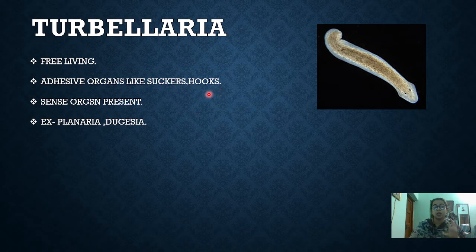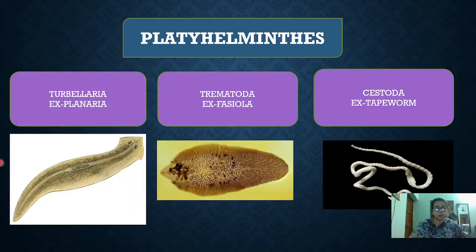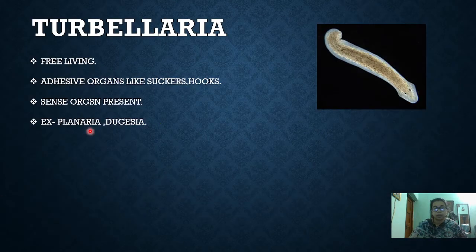This is a rare feature. Usually free living creatures do not have these adhesive organs, but rarely it is seen in the Turbellaria class. Then sense organs are present, and examples are Planaria and Dugesia. I have already shown you Dugesia and Planaria in this class.